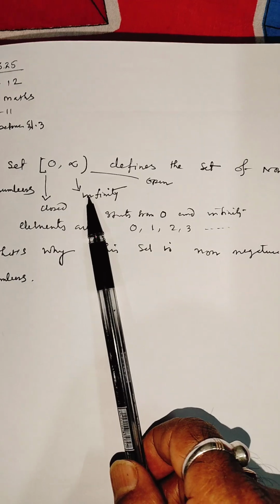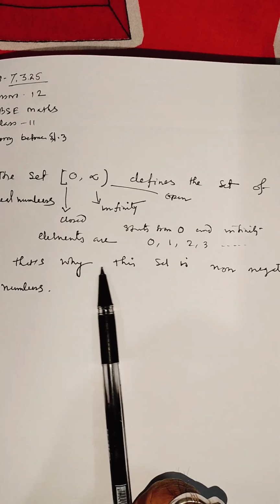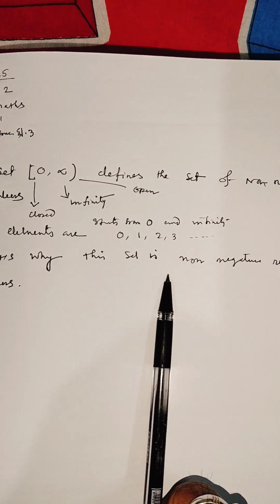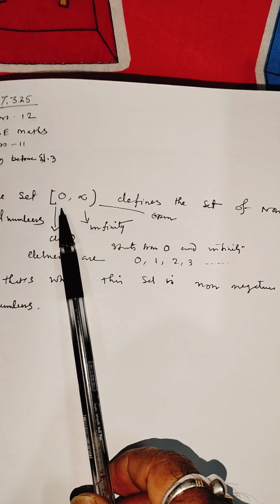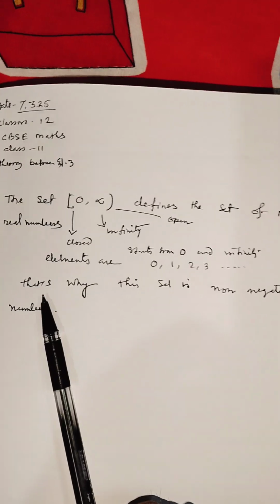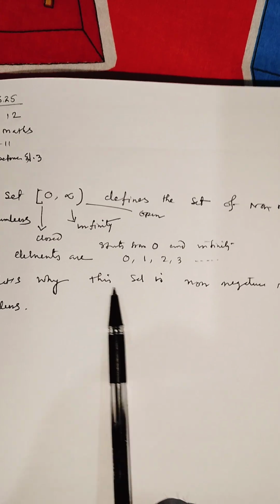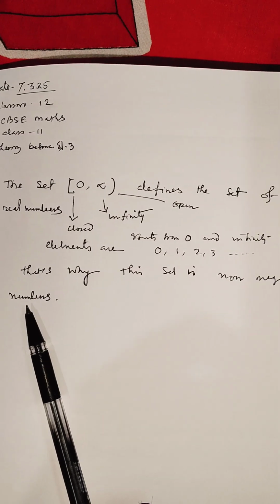Understood? That is why the set is non-negative: starting from 0, there are no negative real numbers. That is why we can say this set is non-negative real numbers. Understood?